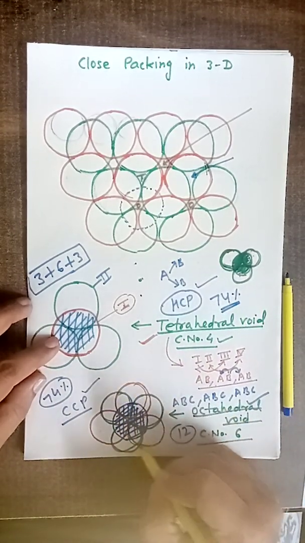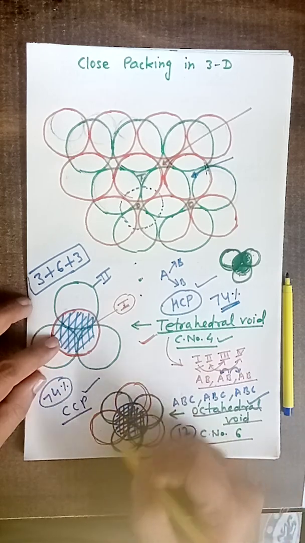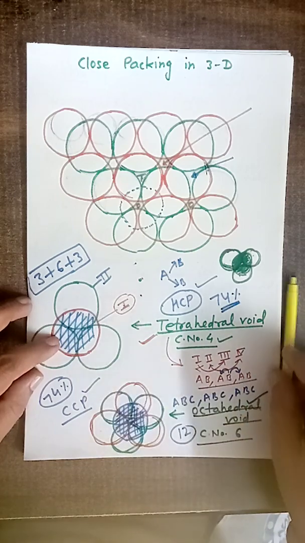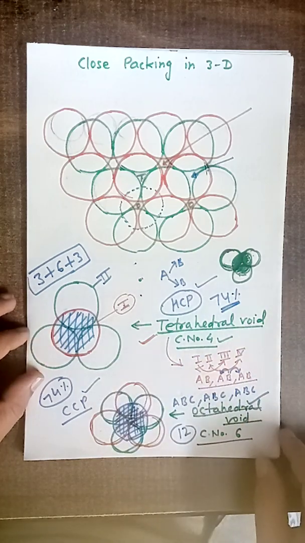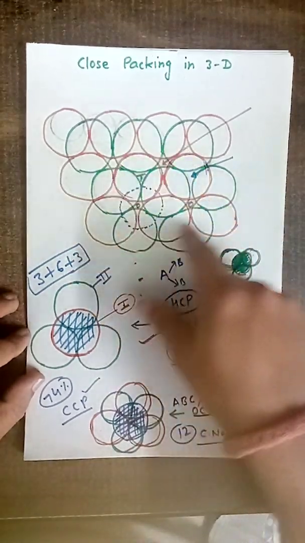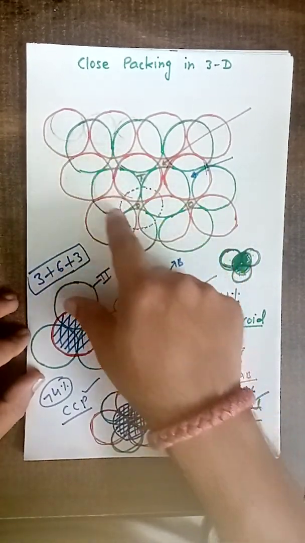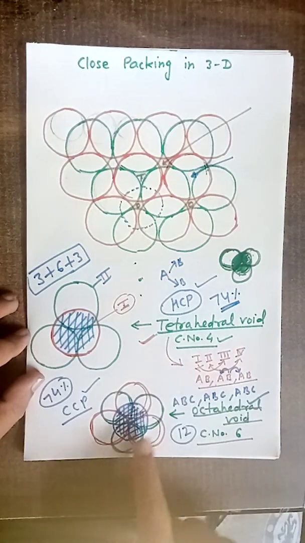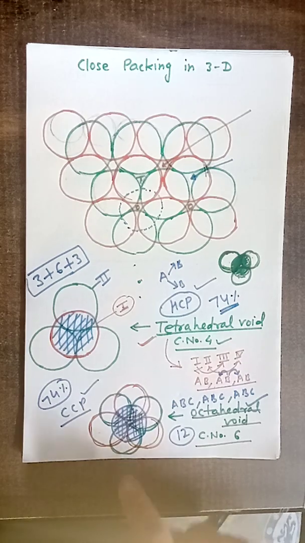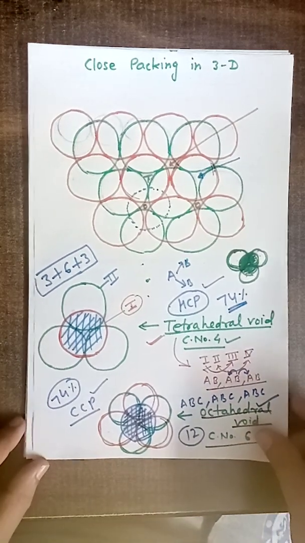So you can see the shaded particle is surrounded by 3 particles below it, 3 particles above it, and once again each and every layer has 2-dimensional hexagonal close packing. So just like here green is surrounded by 6 green, red is surrounded by 6 red. Similarly, this shaded one is also surrounded by 6 other shaded particles. It means 6 particles in its own plane. Again, the coordination number is 12.